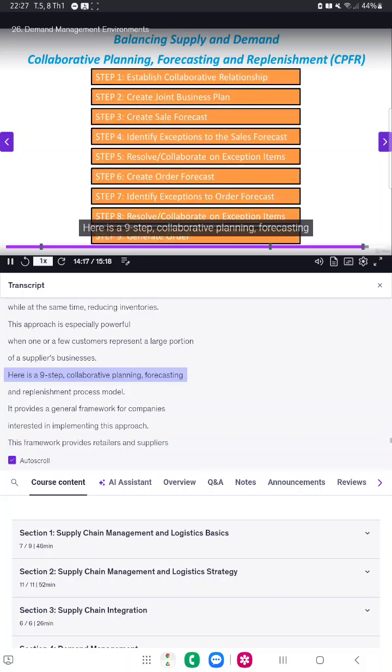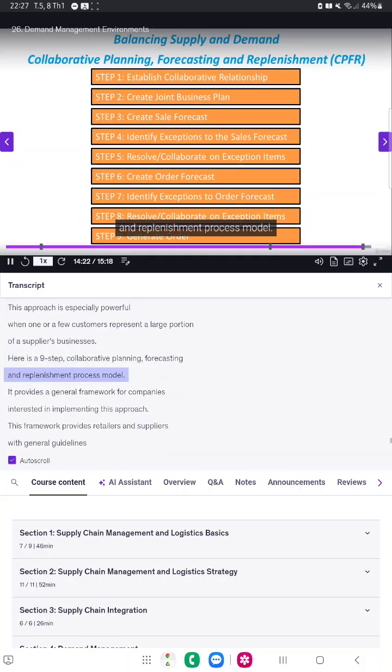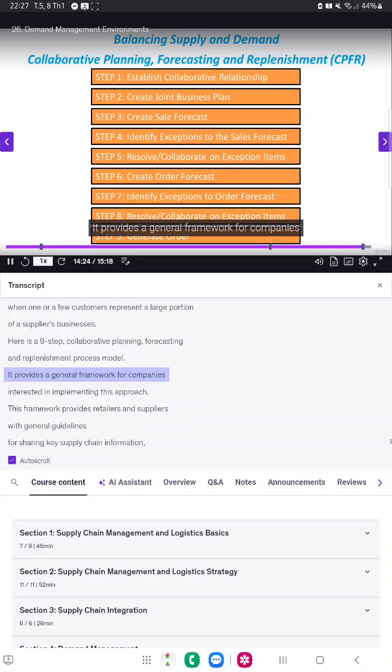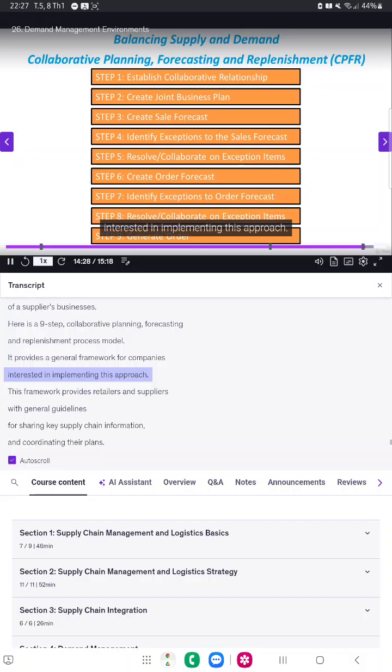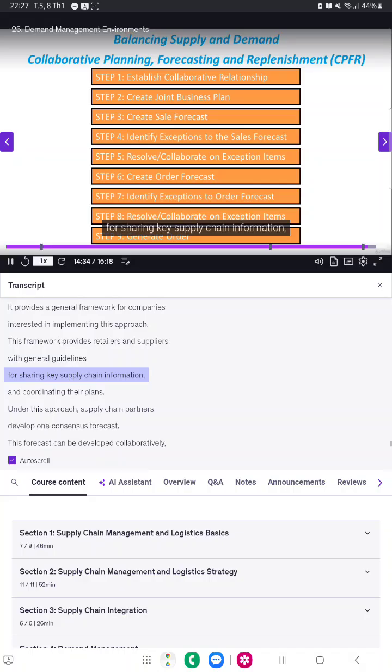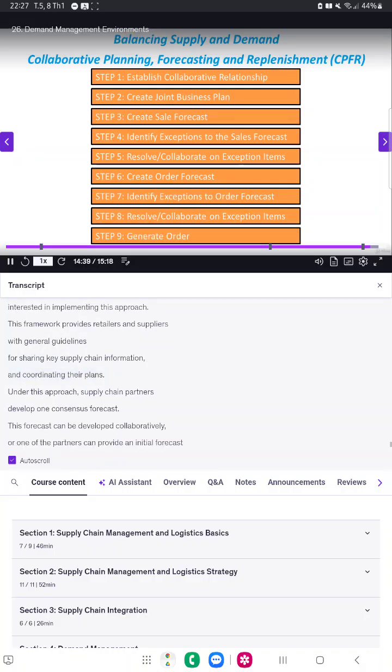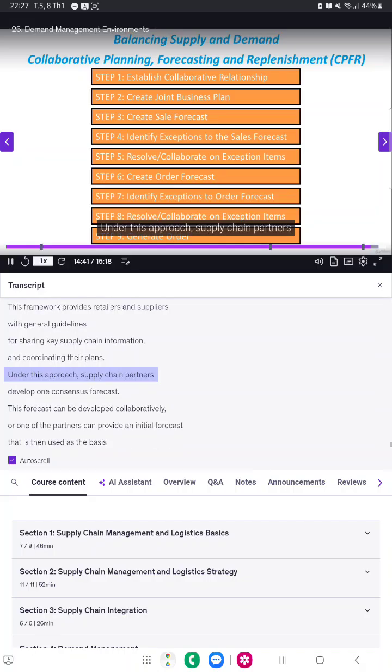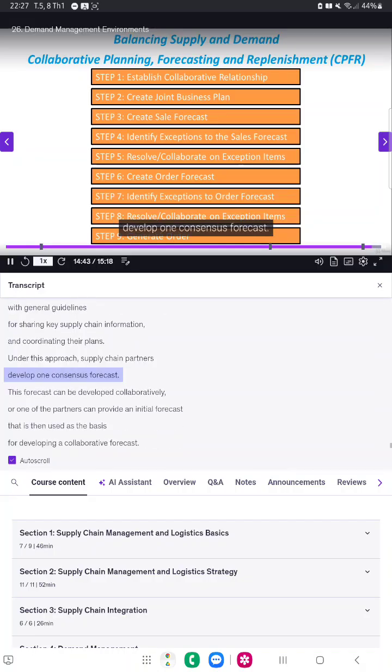Here is a 9-step collaborative planning, forecasting, and replenishment process model that provides a general framework for companies interested in implementing this approach. This framework provides retailers and suppliers with general guidelines for sharing key supply chain information and coordinating their plans. Under this approach, supply chain partners develop one consensus forecast.